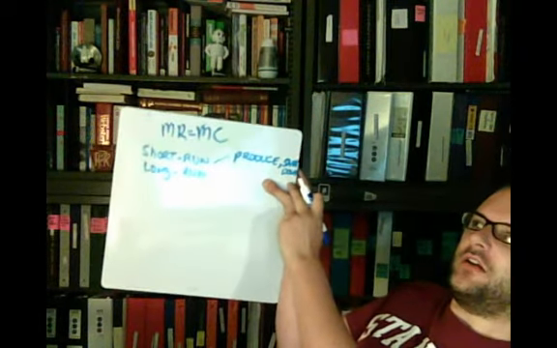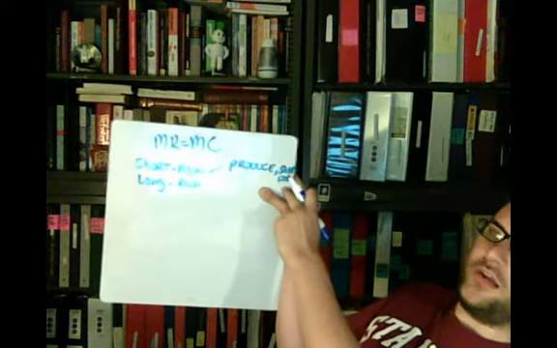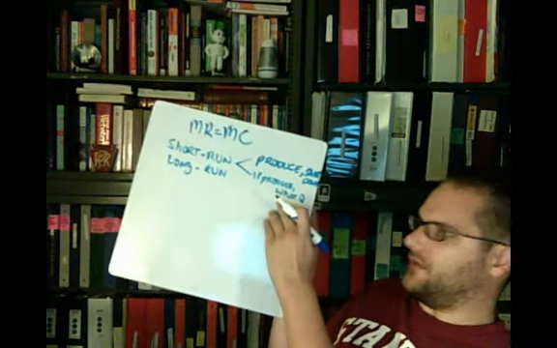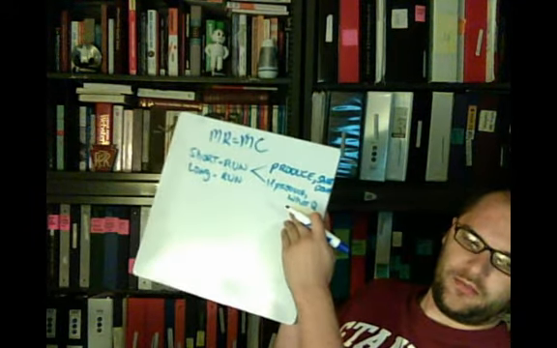Right? So it's a binary condition. Do we produce that amount or do we not produce anything at all? And then if we produce, what quantity will that be? Well, that one's going to be determined by the marginal revenue equaling the marginal cost.